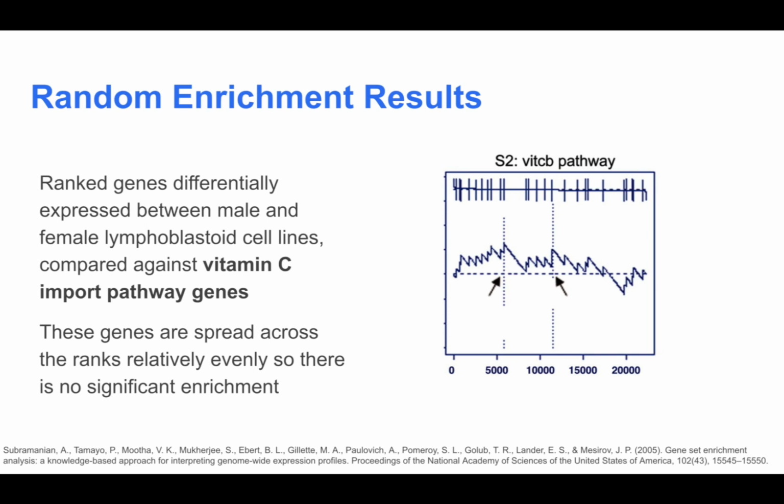You can tell from both the plot of the random walk itself, you can see how it's not really deviating from 0 in the same way that the previous plot was. And also by looking at the plot of the gene hits across the top, where you have the horizontal line and the vertical dashes, the genes in the comparison set are pretty evenly spread across the rankings from your signature. So there's not really any significant enrichment here.